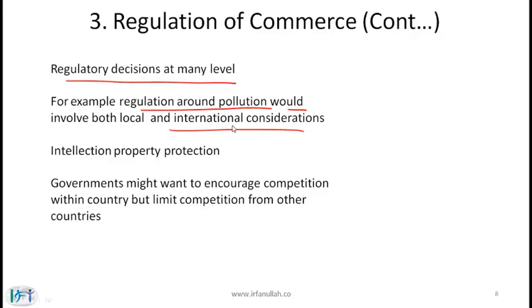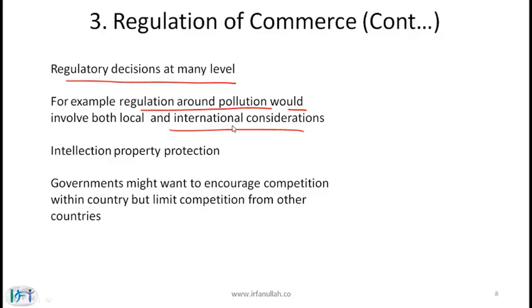Similarly, with intellectual property protection, or IPP, there are issues within a country, but then there are also international considerations. So technology developed in the United States, for example, what if it is being copied in China? Now, that raises larger global issues that need to be addressed in the context of regulating commerce.